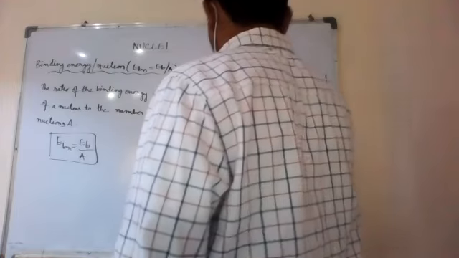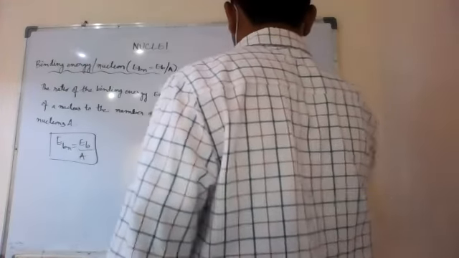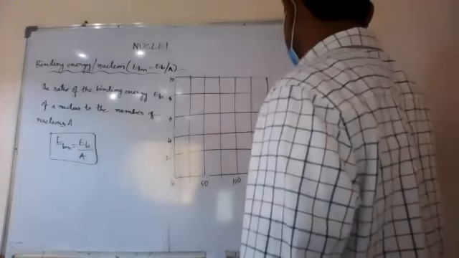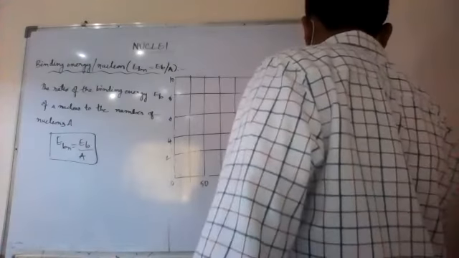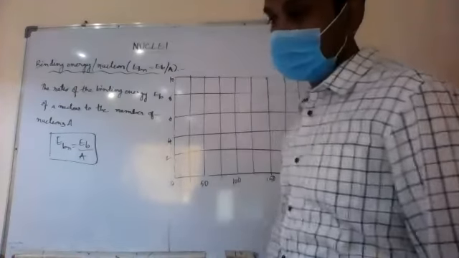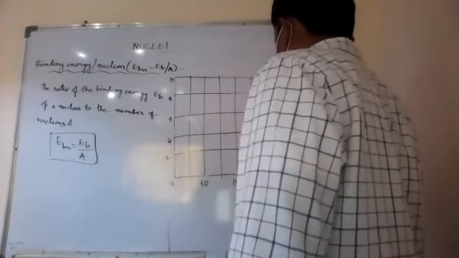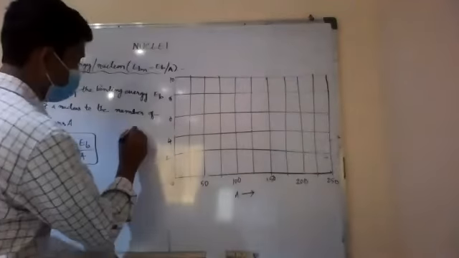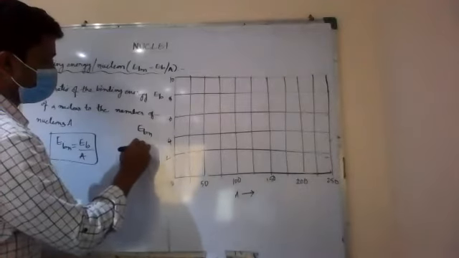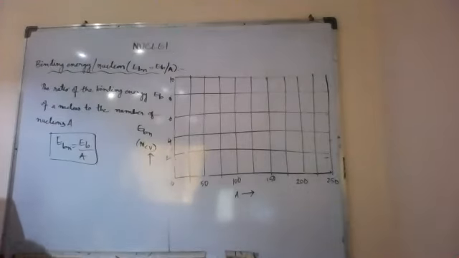This is the mass number, capital A, and binding energy per nucleon, EBN, in million electron volts, is on the y-axis.